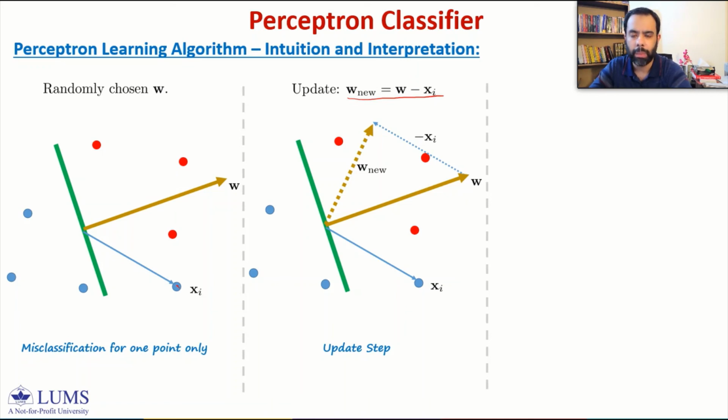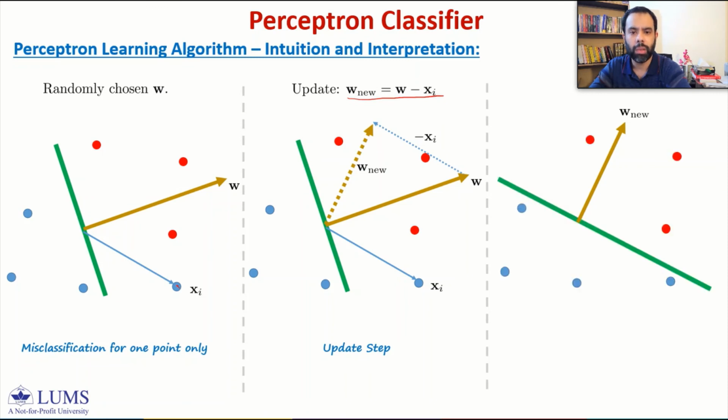What about the new hyperplane? Because my hyperplane is defined by this weight vector. This is the new weight vector, and this will be the new hyperplane that is separating the data. Right? And with this hyperplane, when my algorithm iterates over all the points in the data set, it won't detect any misclassification, or we can say the algorithm has converged.